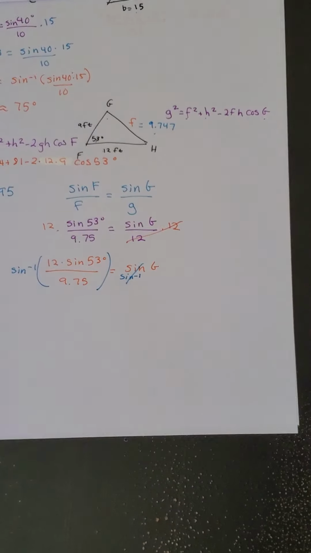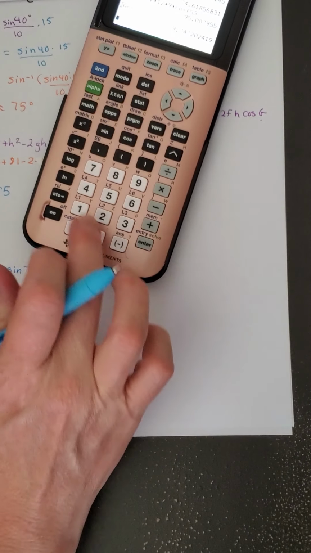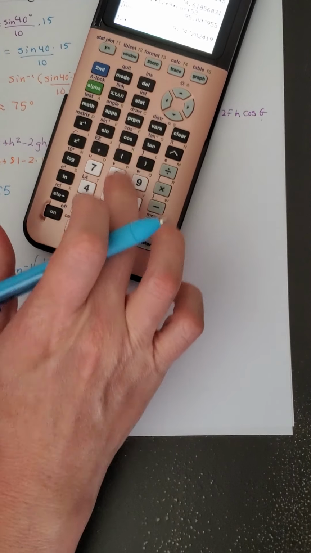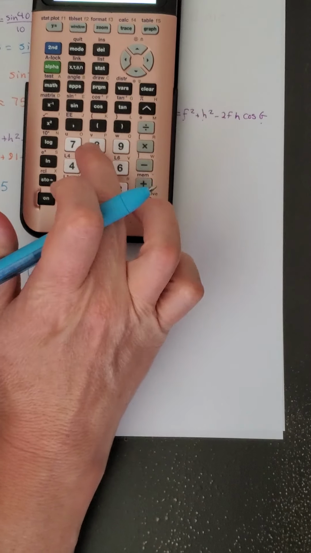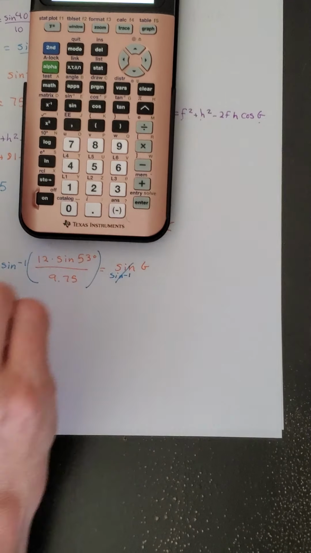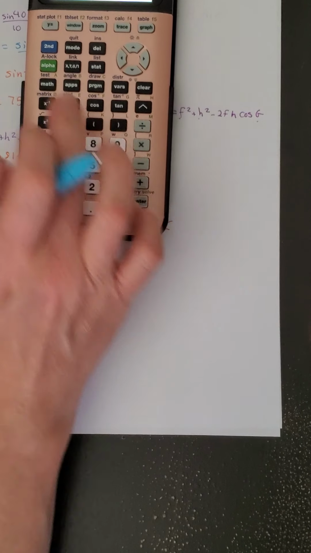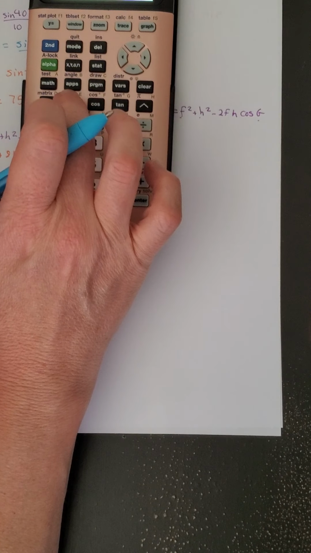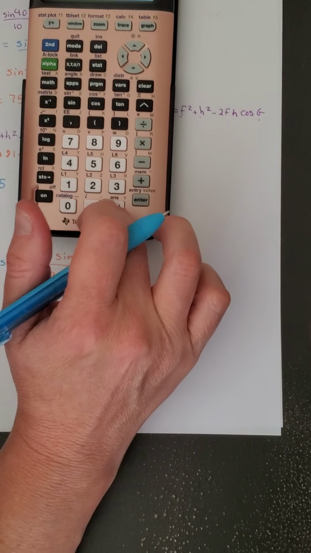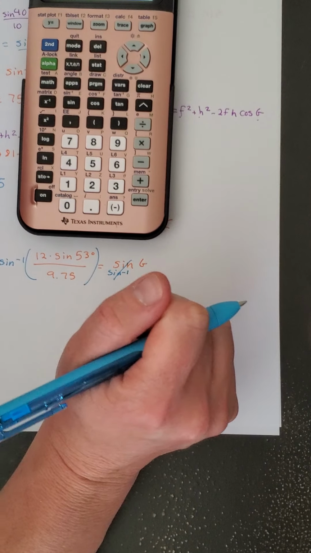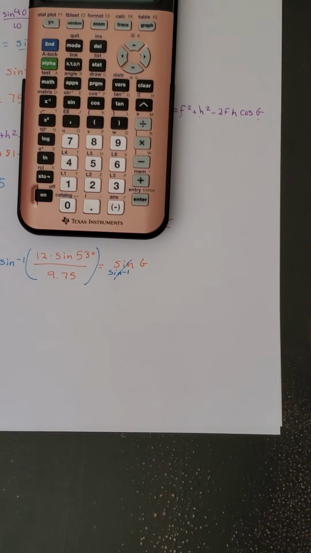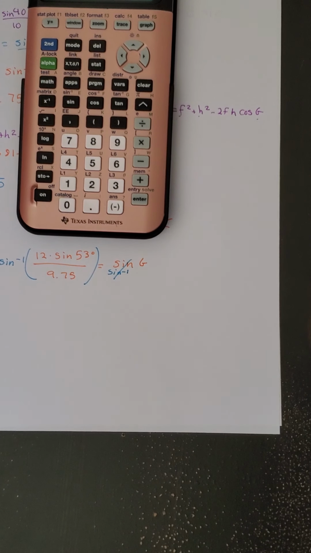So on the calculator, 12 times sine 53 divided by 9.75, and then second, sine inverse of the answer, 79.4. So the closest answer they have is 79.5.